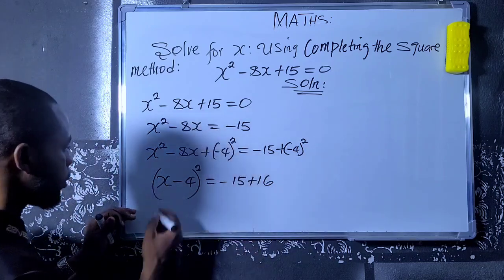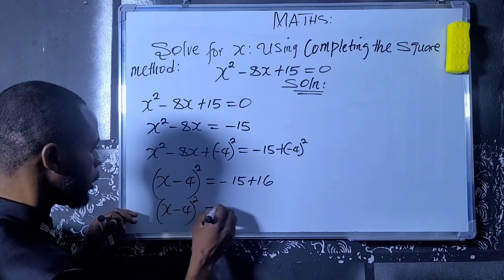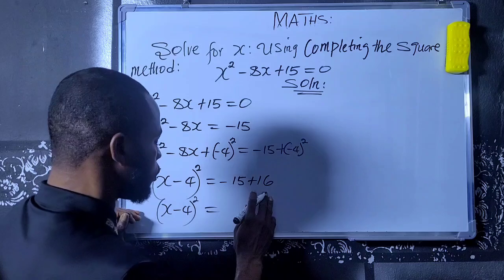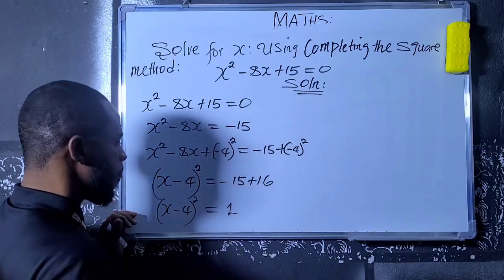Then we bring down x minus 4 all squared equals minus 15 plus 16, that gives us 1.